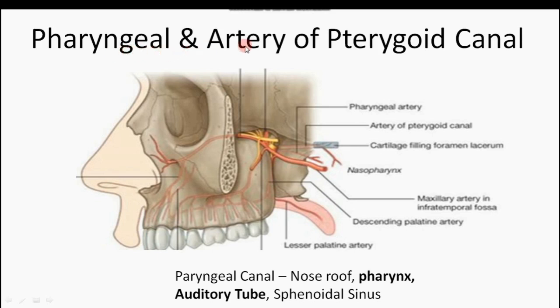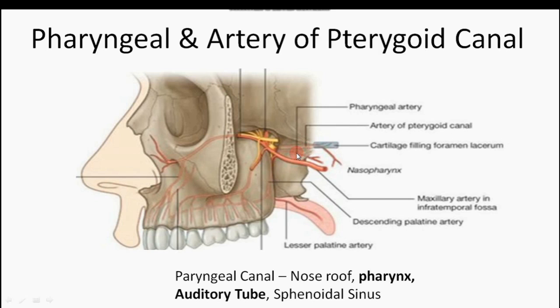So the pharyngeal artery and the artery of the pterygoid canal, we can see here, run backward. You can see how they are running. This is the pharyngeal artery, and this one is the artery of the pterygoid canal. Clear?